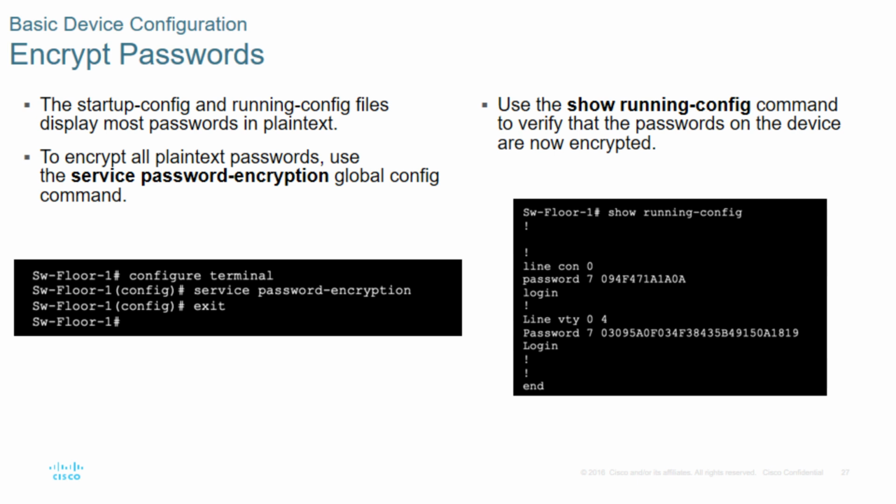The command applies weak encryption to all unencrypted passwords. This encryption applies only to passwords in the configuration file, not to passwords as they are sent over the network, right? So the purpose of this command is to keep unauthorized individuals from viewing the passwords in the configuration file. You must use the show running-config command to verify that passwords are now encrypted.